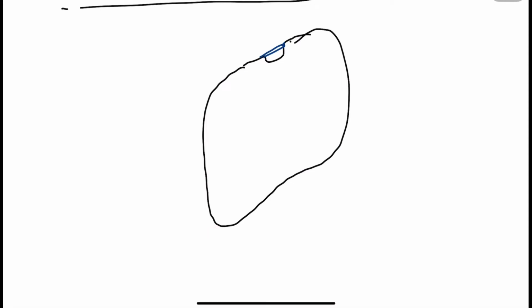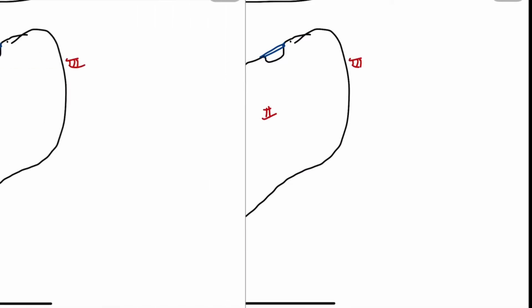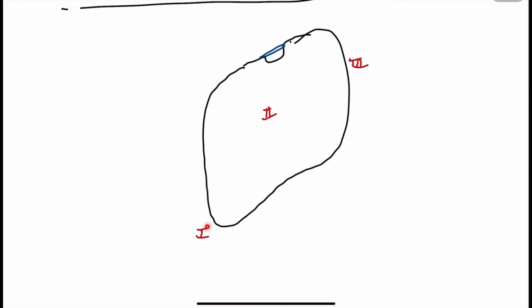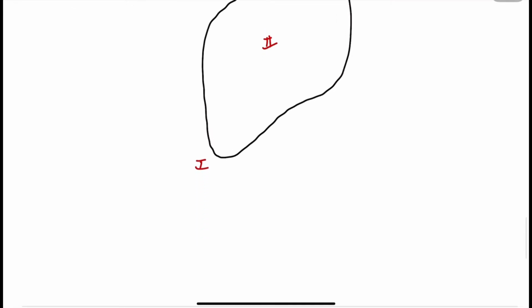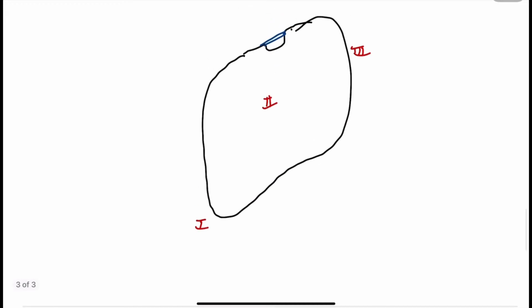One is the inferior angle, second is the body, and third is the lateral angle. So one is around the inferior angle of the scapula, second is around the body of scapula, and third is around the acromion process of scapula. So talking about the arteries that will be participating in this anastomosis.